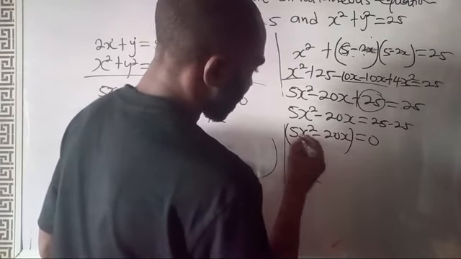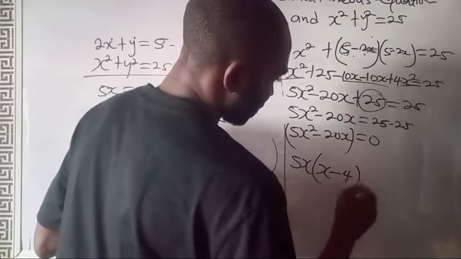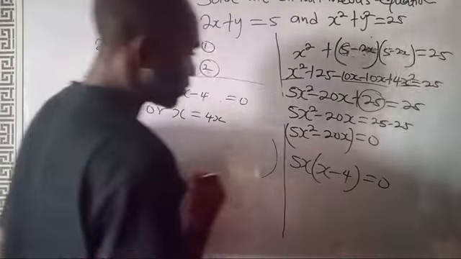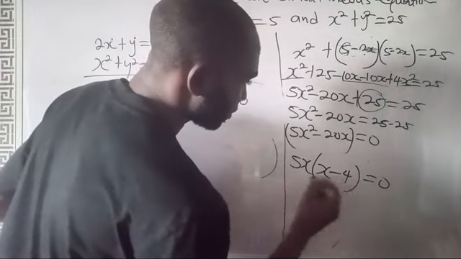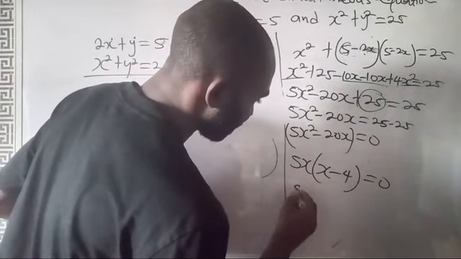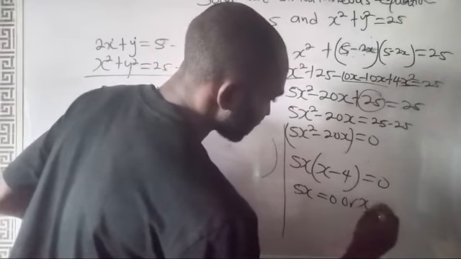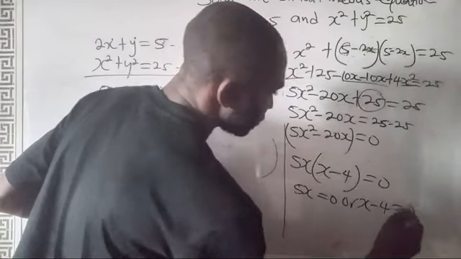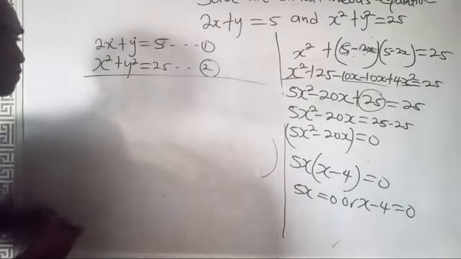So here I will now have x, and here I will have minus 4. Everything is being equated to 0. So with that, I will now have either 5x is equal to 0 or x minus 4 is equal to 0, right?